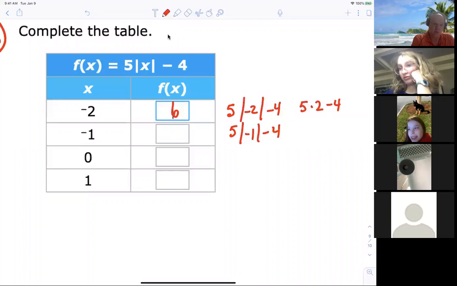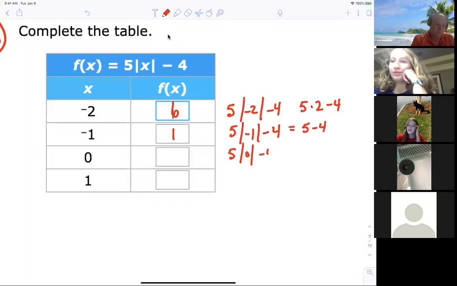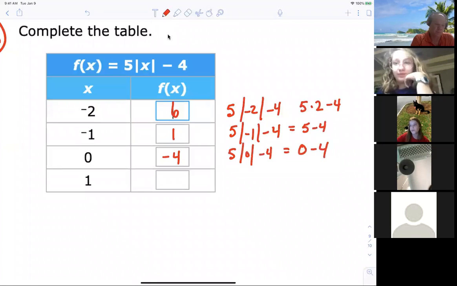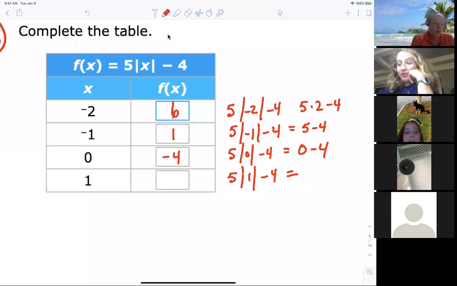The absolute value of 0, of course, is 0. One. Thank you very much.